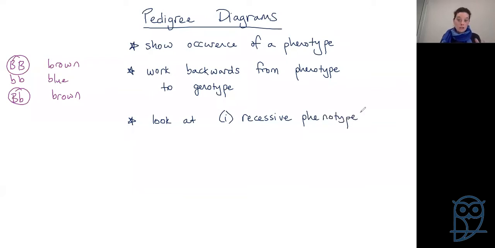Because, of course, if we say the recessive phenotype, there's a blue-eyed person, we know what their genotype is. From there, we have to think about inheritance. Okay, well, if these two brown-eyed parents had a blue-eyed baby, then the parents must be heterozygotes because there has to be blue genes hiding in there somewhere.